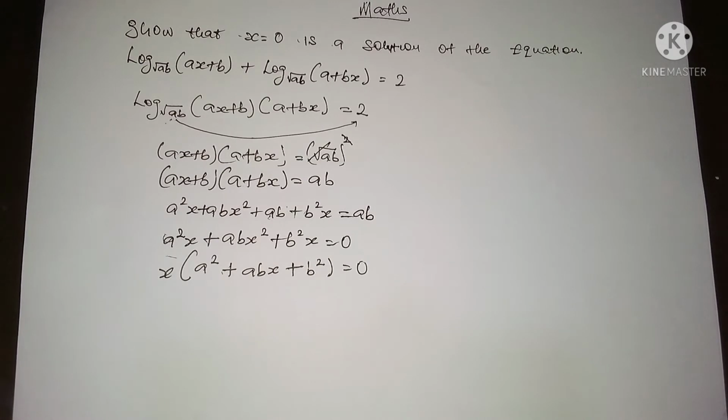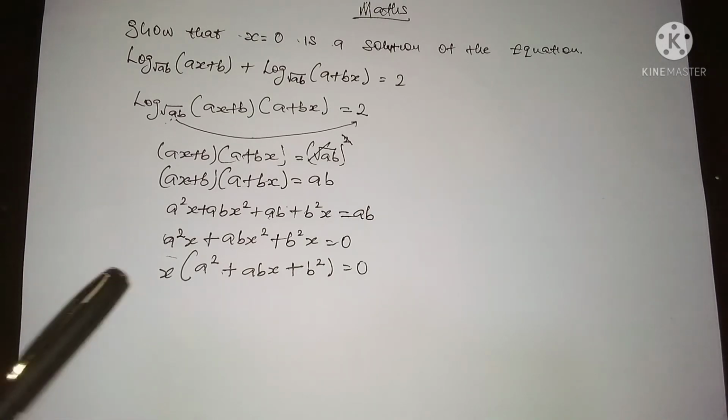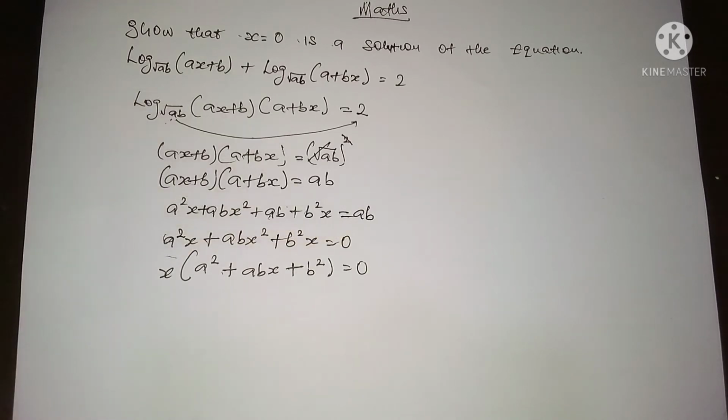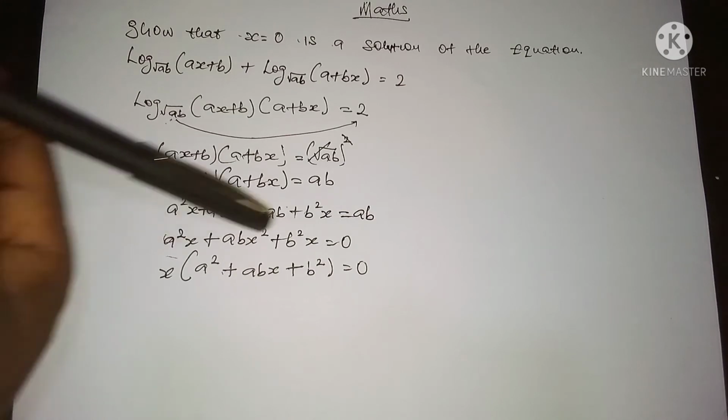You remember how we should factor out correctly: you factor out in a way that when you multiply back what you factored, you obtain exactly what you had before.